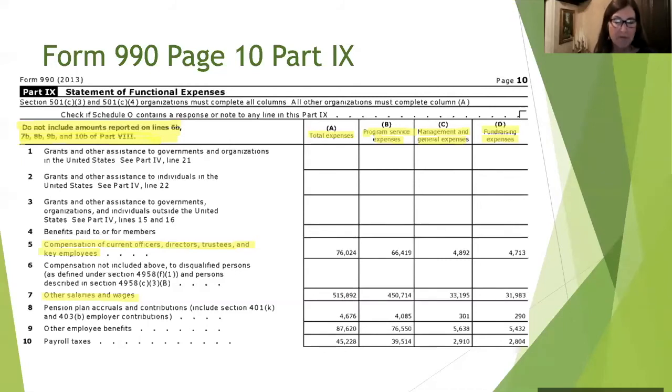So in many of these line items, you see that there are expenses in all of those categories, particularly line 5, which is the compensation of your officers and directors. Your executive director almost always has expenses related to the program. They have management in general, but they're also probably one of your key fundraisers.